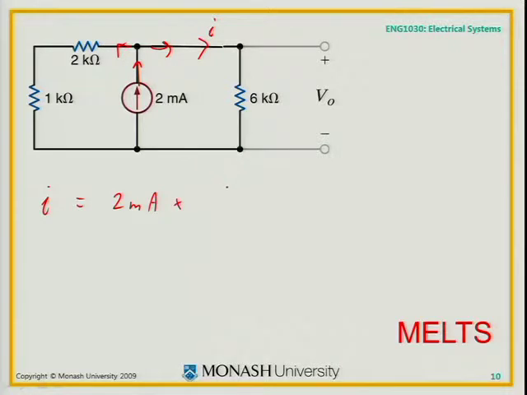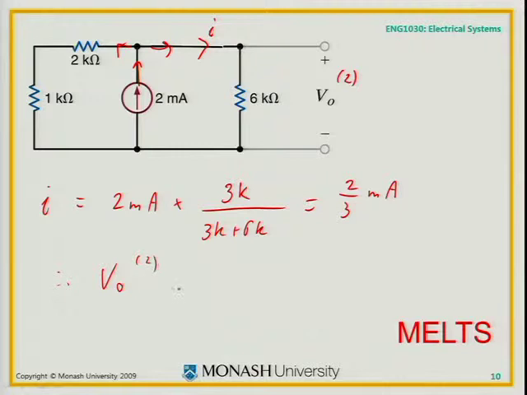The other resistance is 3K, 2 plus 1, on the total, 3K plus 6K, which equals 2/3 of a milliamp. Therefore, what's V02? V02, just the 2 milliamp source acting alone, is 2/3 of a milliamp times 6 k ohms, which is 4 volts.